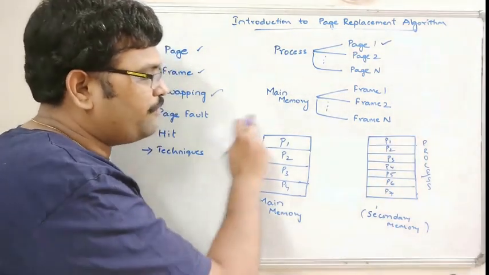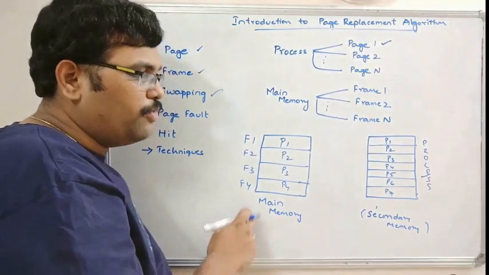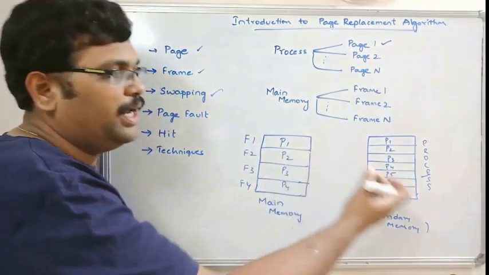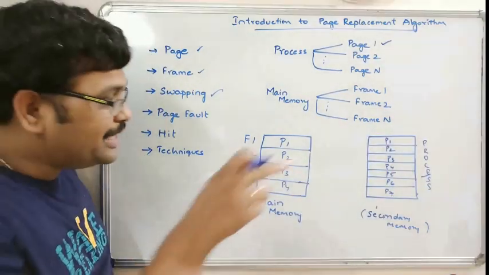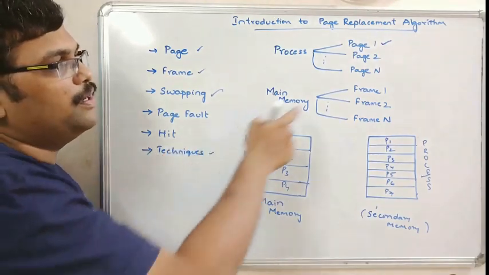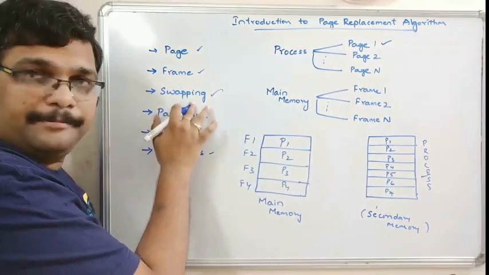But here not even one frame is available. So we have to replace one page in the main memory with the required page. That is called the technique, and this process is called swapping.